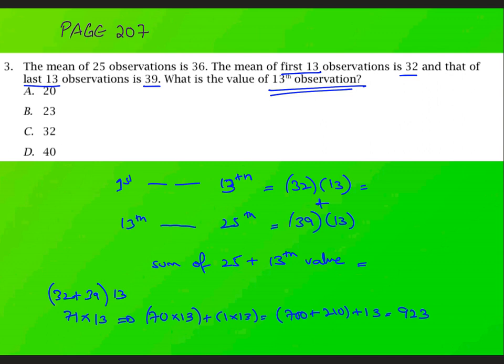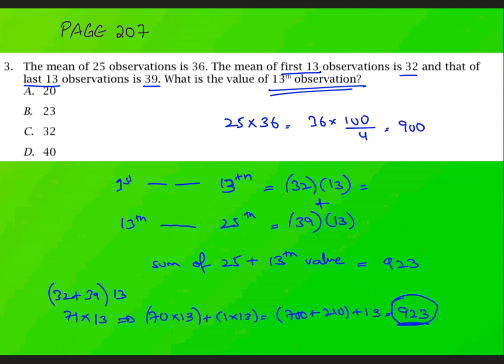Now we have to find the 13th observation. So if I remove the sum of 25 values from here, I get the 13th value, because in this sum there is only one value which is double counted, and that's the 13th value. So for that I'll have to first find the sum of 25 values, that's 25 times 36, and 25 basically is 100 by 4, so 36 upon 4 is 9, so this sum is 900.